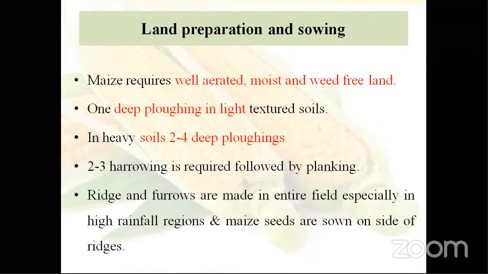So maize requires well aerated, moist and weed-free land. Why is tillage required? To facilitate easy sowing, to remove weeds and stubbles, and at the same time to conserve soil moisture.